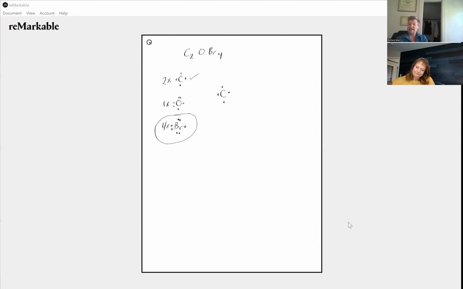But let's take, for example, the oxygen-oxygen single bond. There are known compounds with oxygen-oxygen single bonds. We call these ethers. No, not ethers. Sorry about that. Peroxides. We call them peroxides. Peroxides have oxygen-oxygen single bonds.